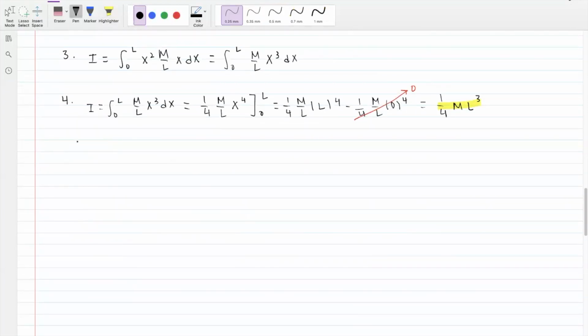Another common question you might be asked when it comes to non-uniform objects is defining the center of mass. From your equation sheet, you have the center of mass is equal to the sum of all your masses times their distance from their pivot, all over the sum of the masses.